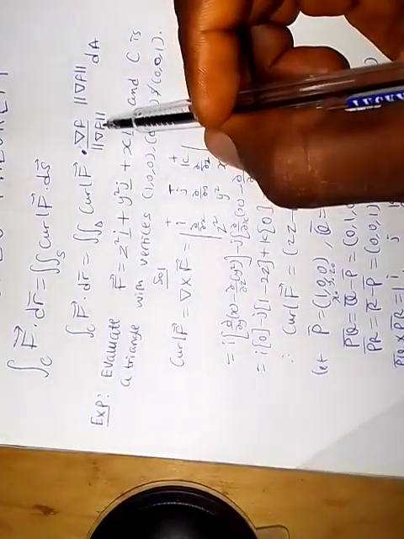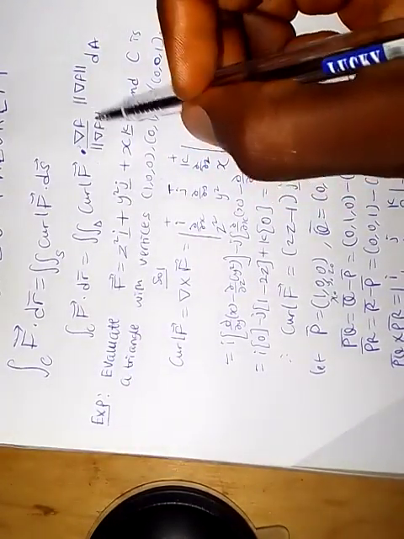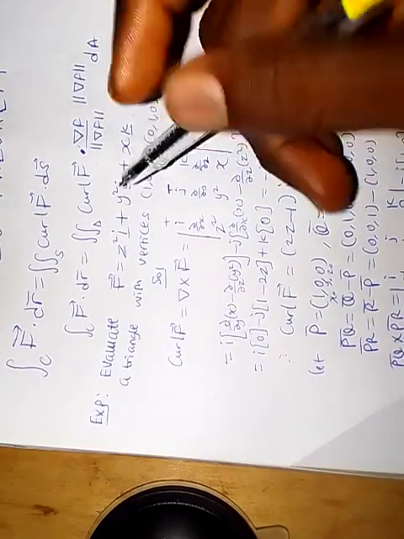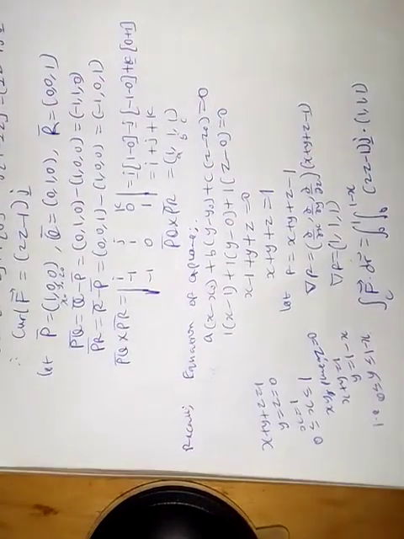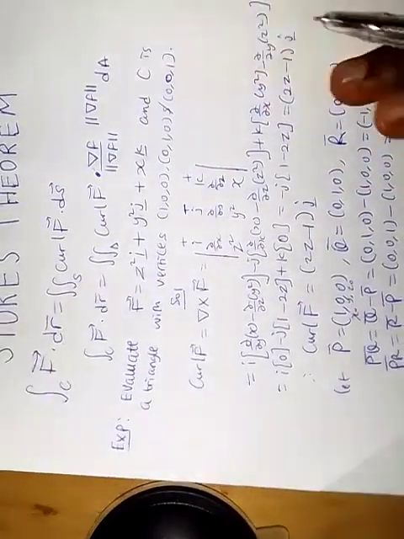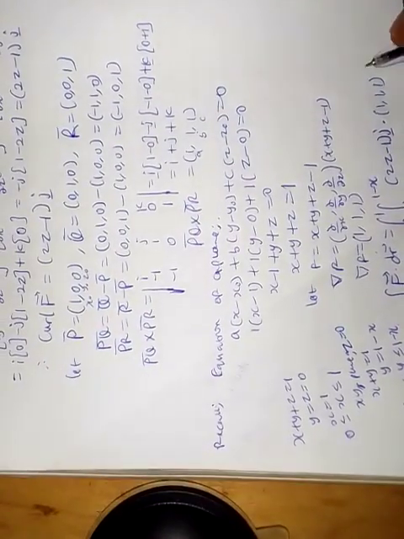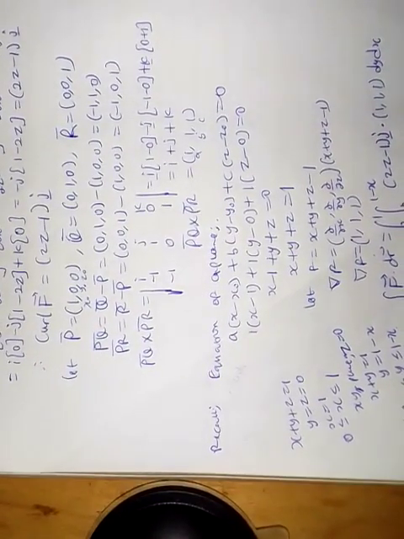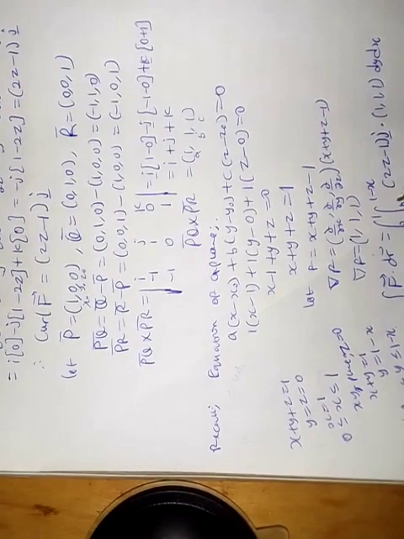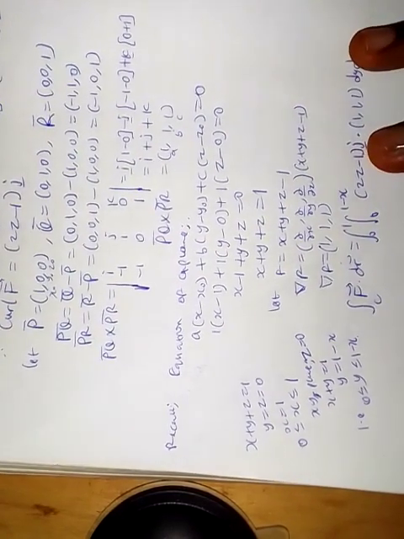After taking the norm it will cancel each other, so there's no need of doing that extra work. So we have dA, which is simply dx dy. So we have dy dx here, since we have to integrate with respect to y first.